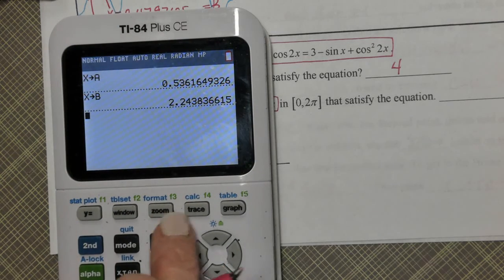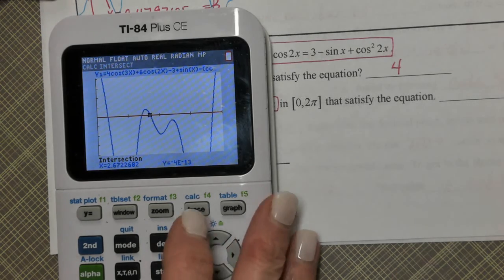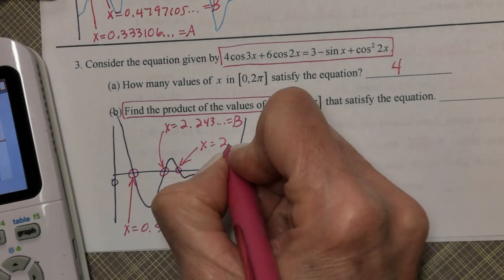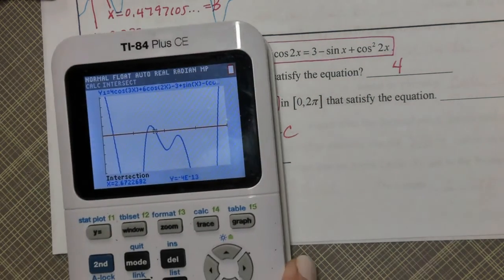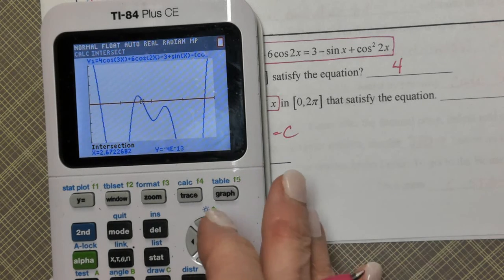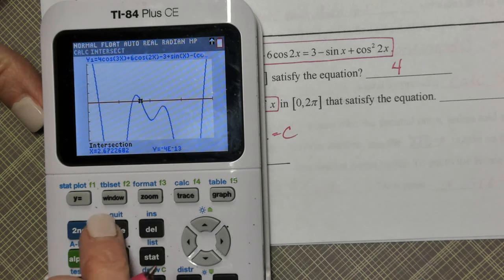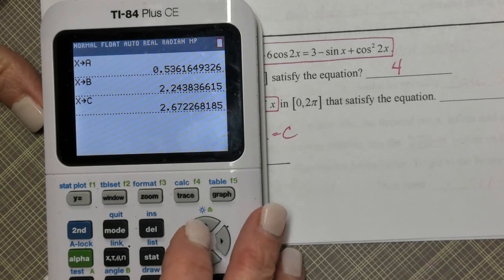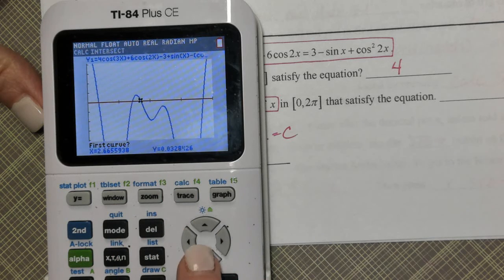Go to our next 0, so second calc 5. Enter, enter, enter. 2.672... That's going to equal C. Whoops. Okay, before I lose that, second quit, X stow C. And then we'll go get our last one, second calc 5.